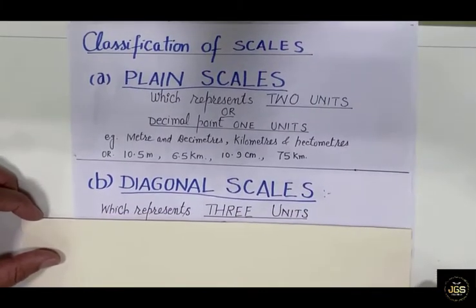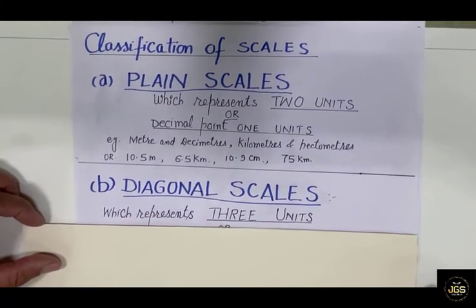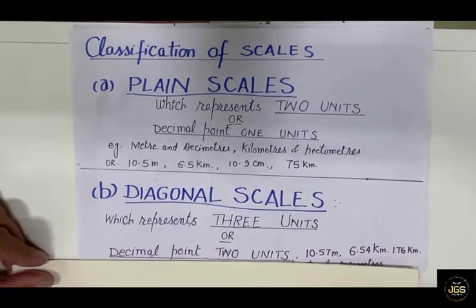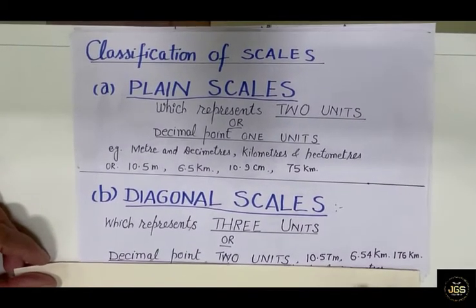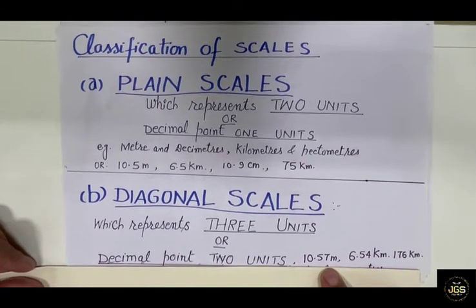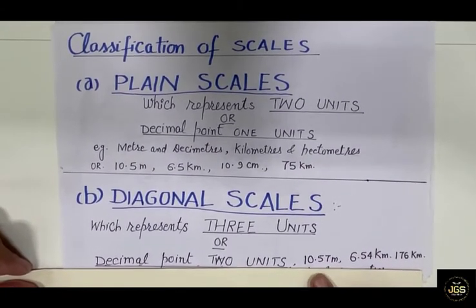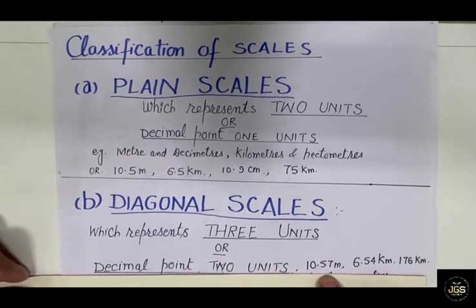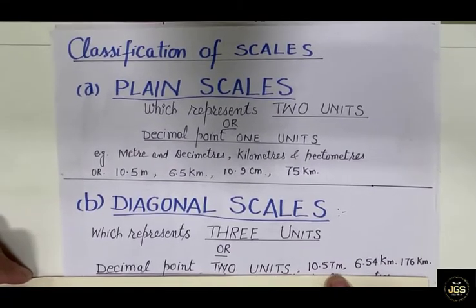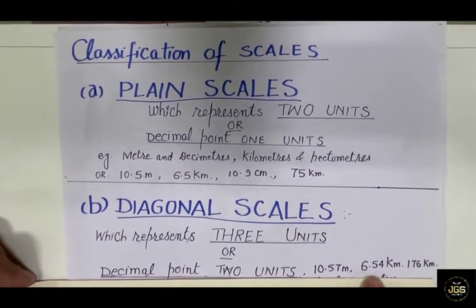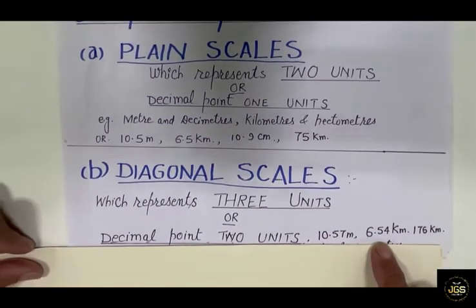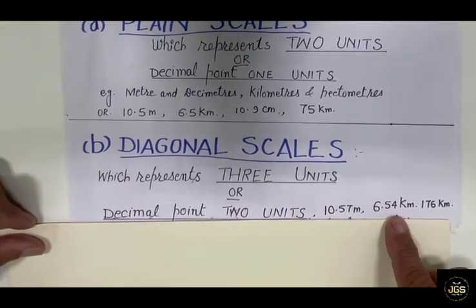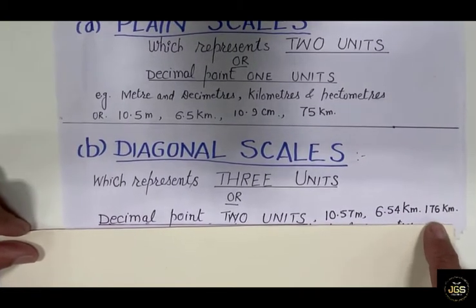Diagonal scales which represent 3 units or decimal point 2 units. For example, 10.57 meters. It contains 10 meters, 5 decimeters and 7 millimeters. 6.54 kilometer. It contains 6 kilometers, 5 hectometers and 4 decameters. 170 kilometers.